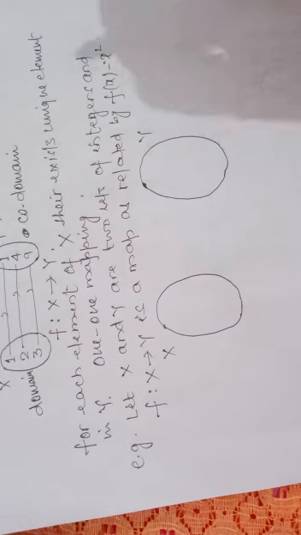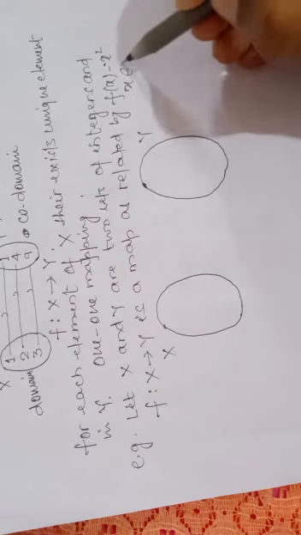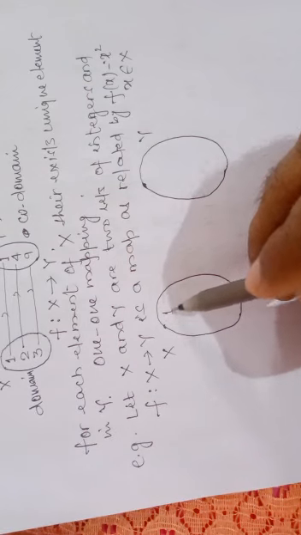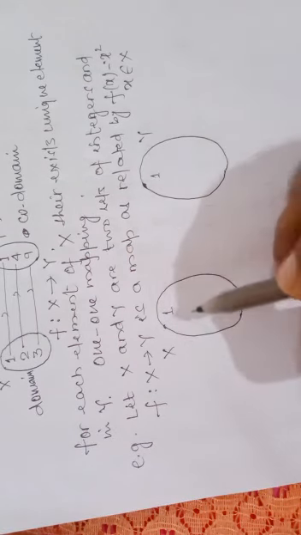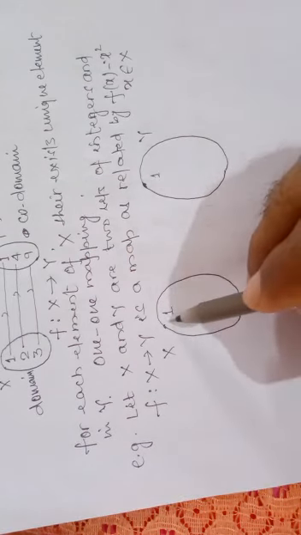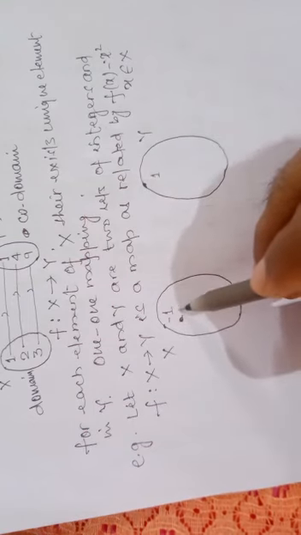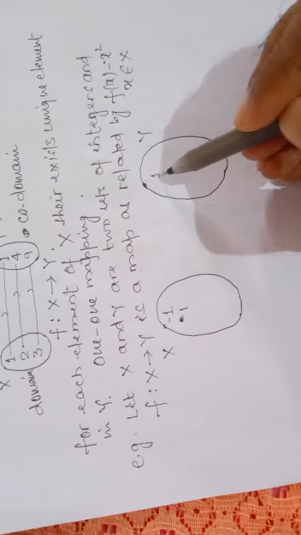X belongs to X. So when x is 1, this would be 1, and for minus 1, in both cases it should be 1.